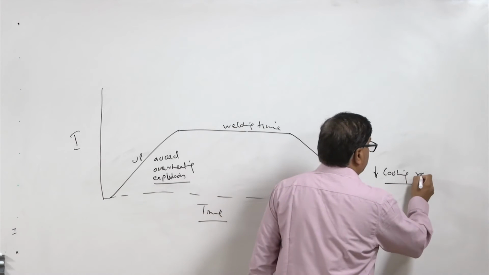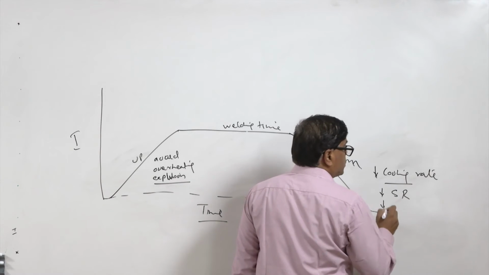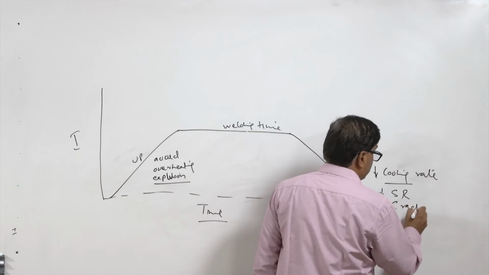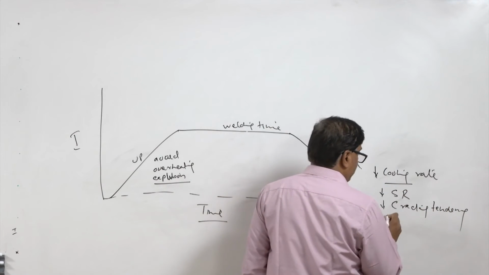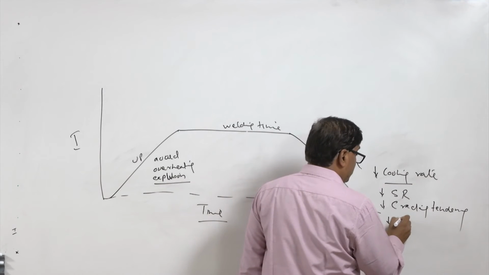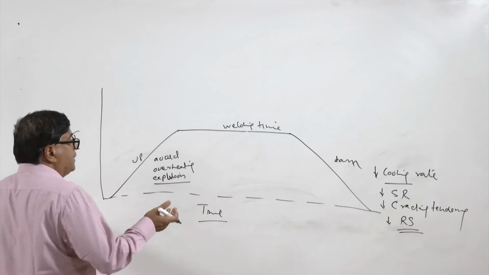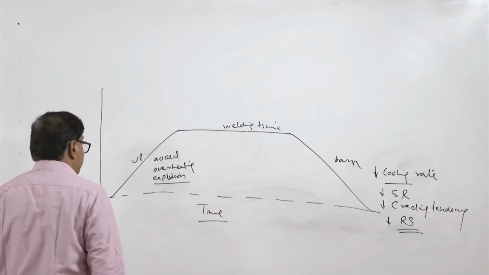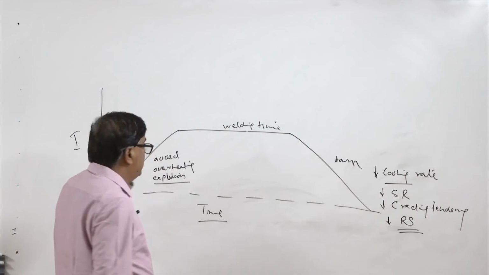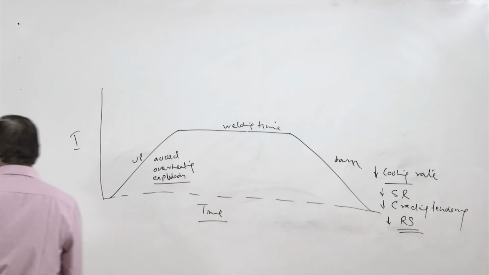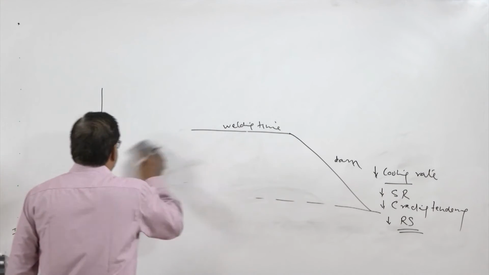A reduced cooling rate reduces the solidification rate, and also reduces the cracking tendency of the heat affected zone as well as the nugget. It also reduces the residual stresses, if at all they are formed due to the differential heating and cooling during welding. So, it is important that the up and down current values are adjusted suitably in order to avoid the issues and problems related to the resistance welding processes.